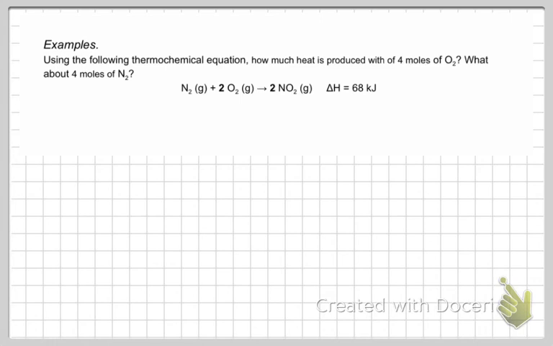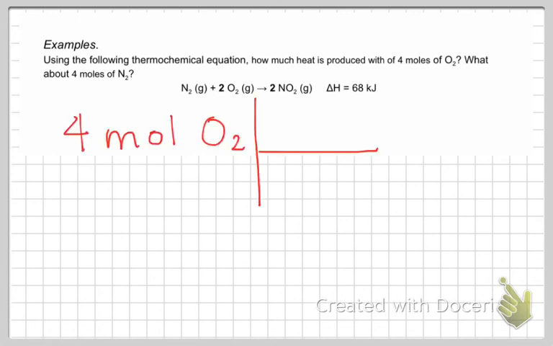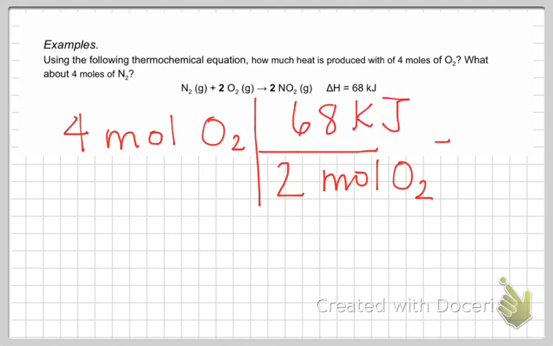Okay, so we have our given is 4 moles. Okay, and then the equation says that for every 2 moles of oxygen, that produces 68 kilojoules of energy. Okay, so essentially you're going to double this value. So 4 times 68 divided by 2 will give you your answer.